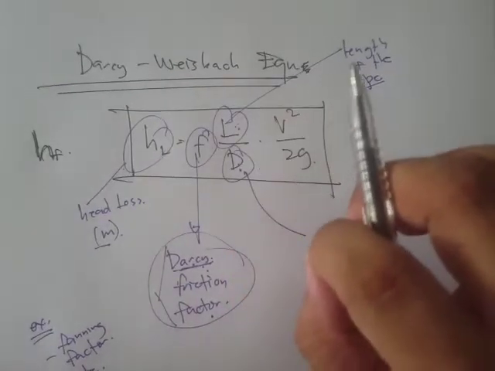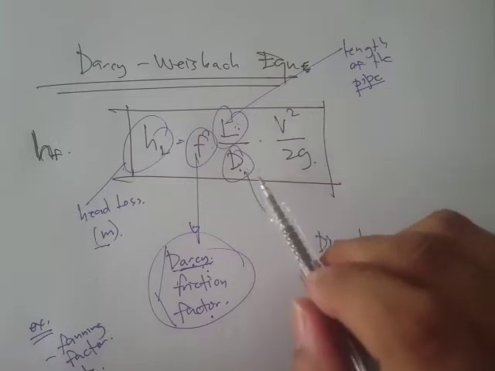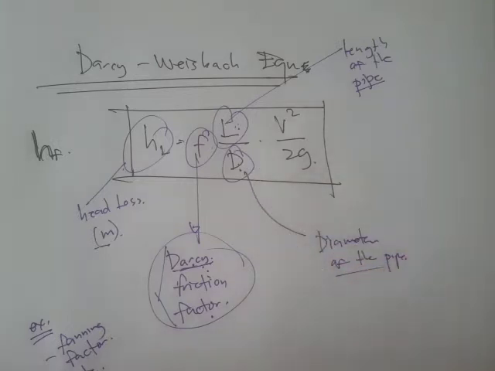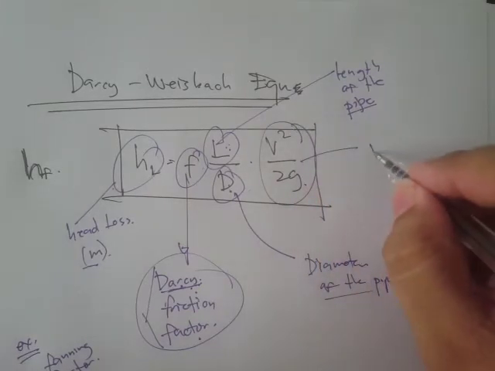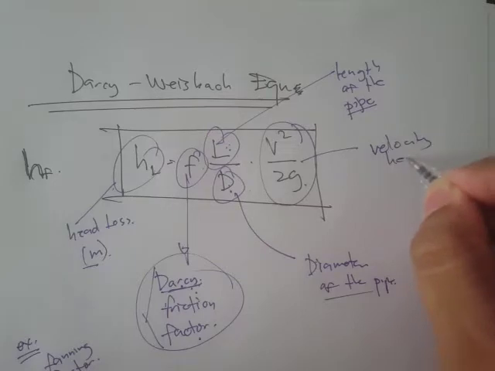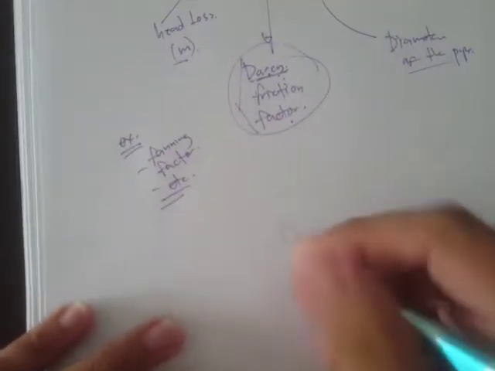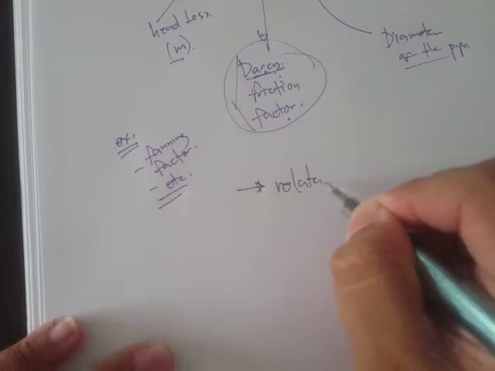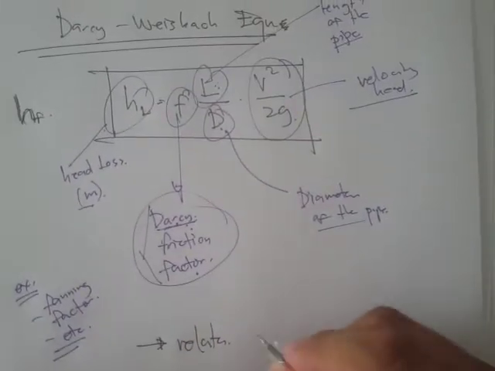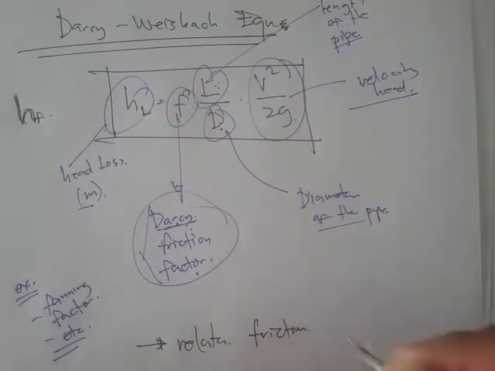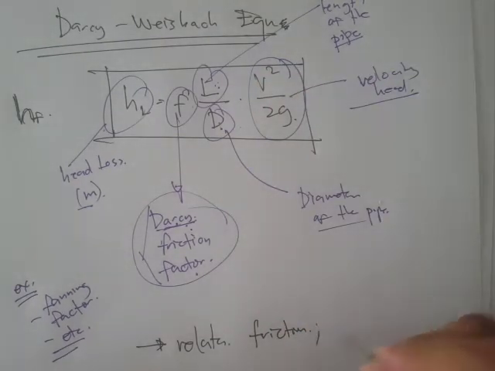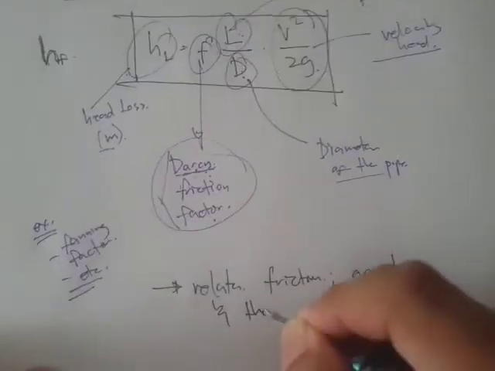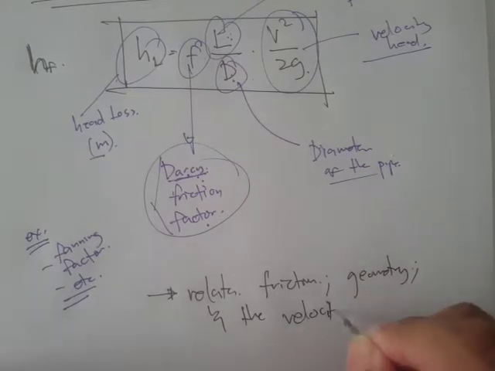The smaller your pipe is, the harder it is to push the fluid. This term right here is called the velocity head, and therefore this Darcy-Weisbach equation relates the friction, the geometry, this L over D, and the velocity head.